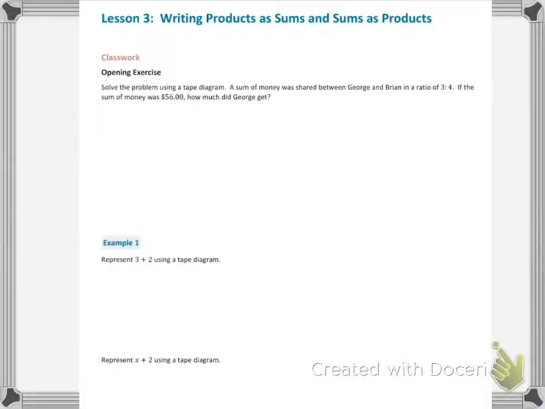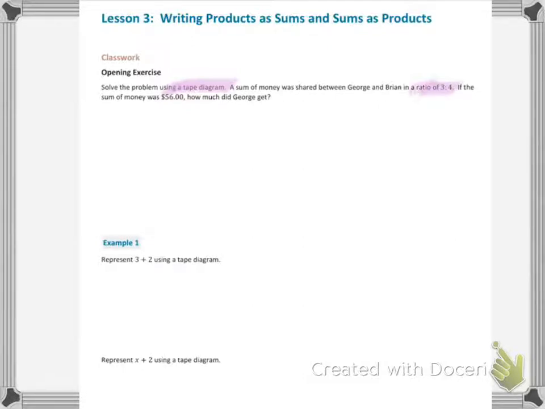In this opening exercise, we are instructed to solve the problem using our old friend, the tape diagram. Tape diagram is back. A sum of money was shared between George and Brian in a ratio of 3 to 4.